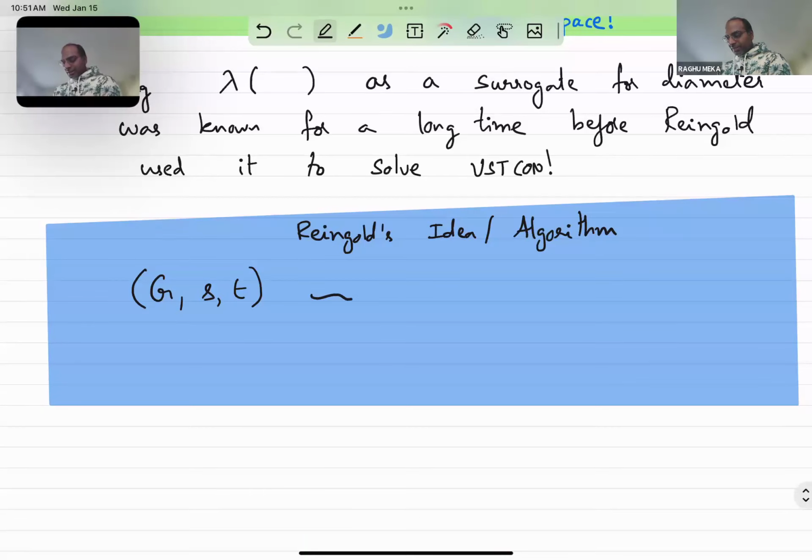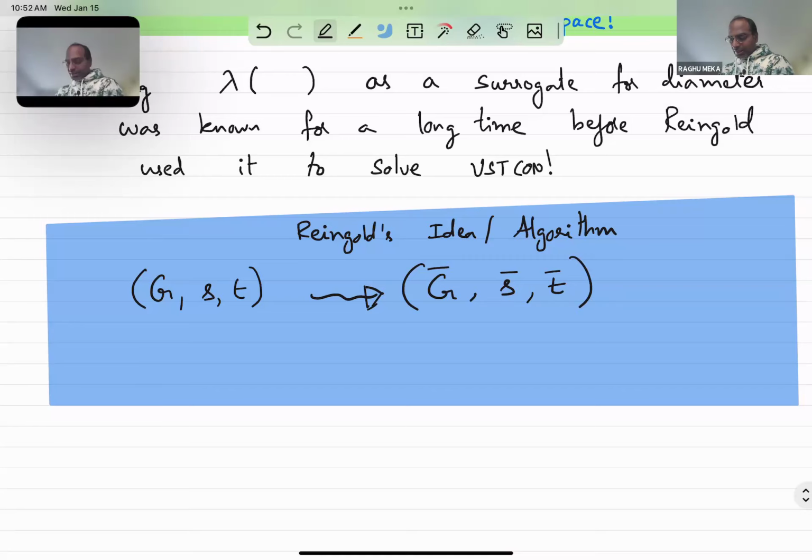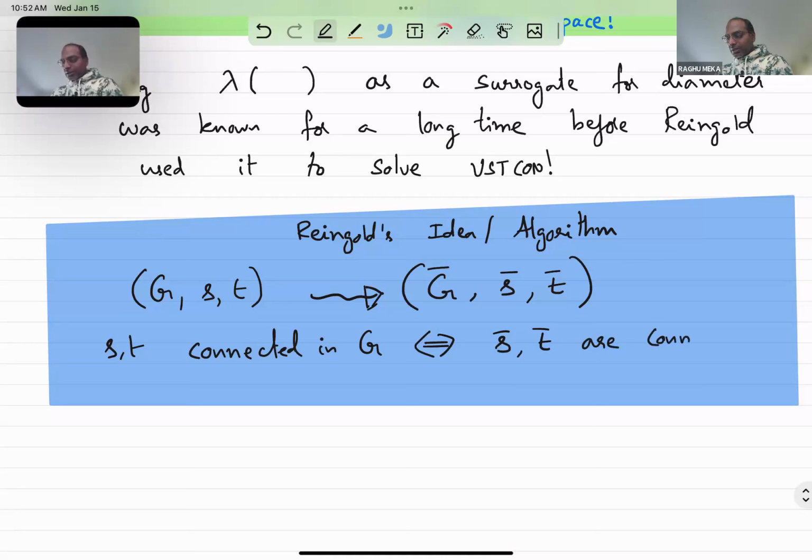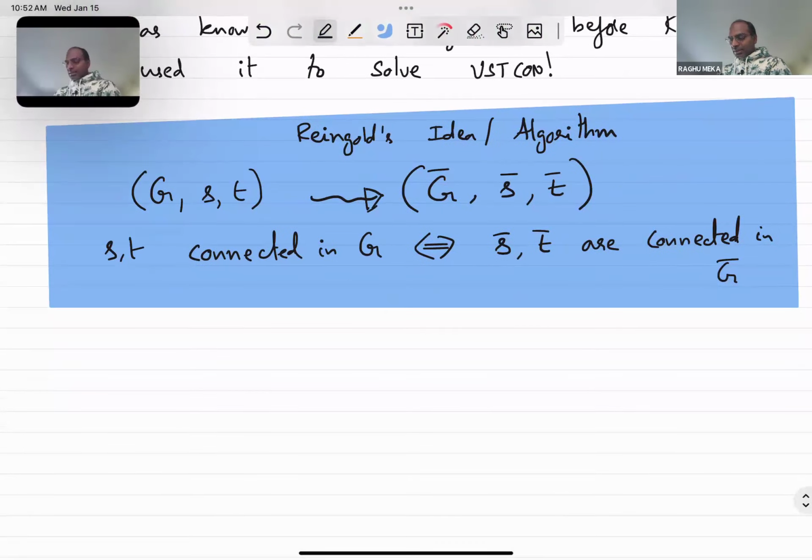He said, given this, I'm going to find a different instance, G bar, S bar, and T bar, such that the vertices S, T are connected in G if and only if the vertices S bar, T bar are connected in G bar. Okay. And you have two new properties.